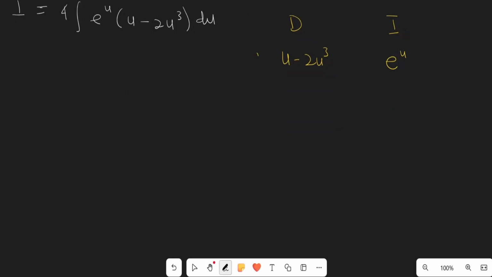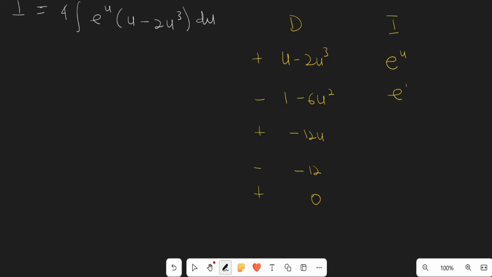So plus, minus, plus, minus, plus. So let's see, differentiating u minus 2u cubed, that is going to give you what? 1 minus 6u squared. Differentiating again, that is going to give you what? Negative 12u. Differentiating again, that is going to give you negative 12. Differentiating for the last time, that's going to give you 0.